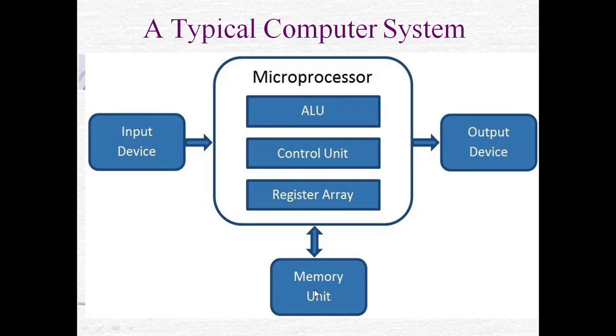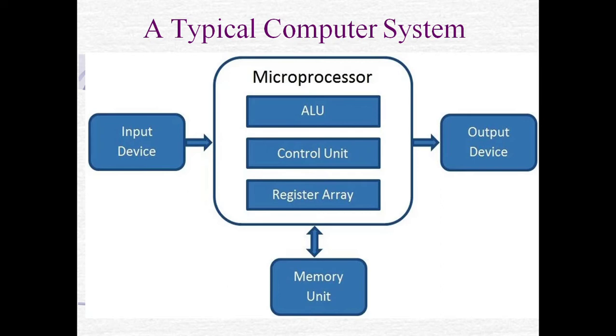In the memory unit, a computer system stores data and programs. These programs and data can come to these registers for execution if they are instructions or programs, or if it is data, then data is moved to one or many of these registers for the arithmetic and logic unit to perform operations on it.